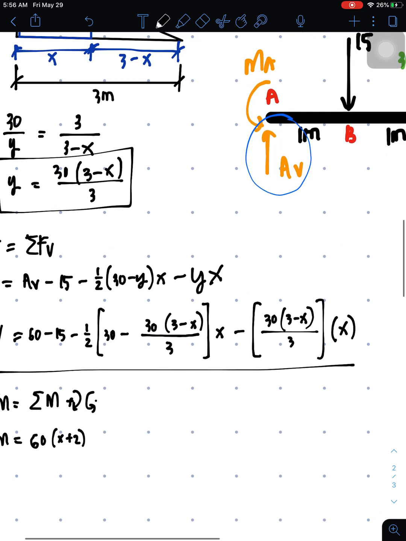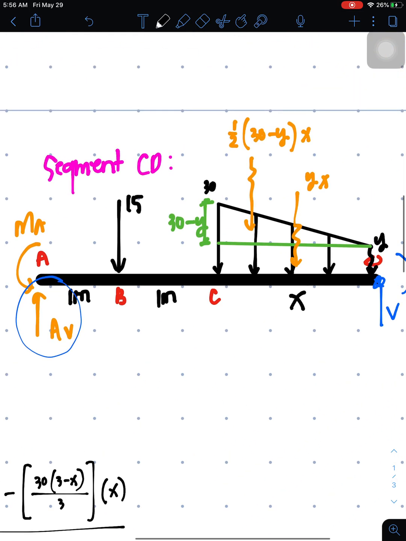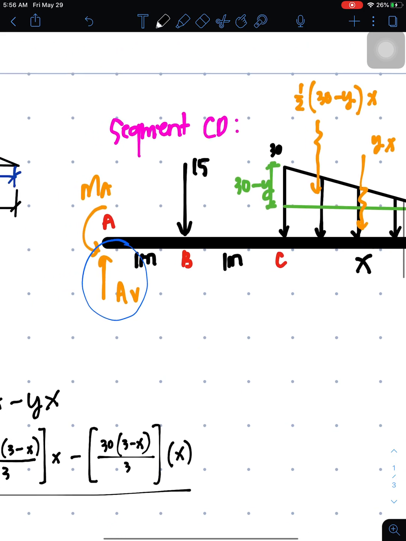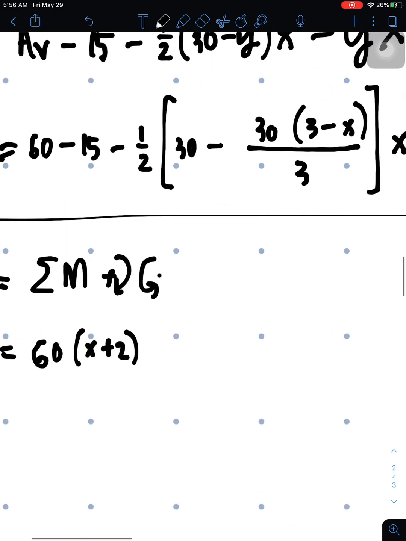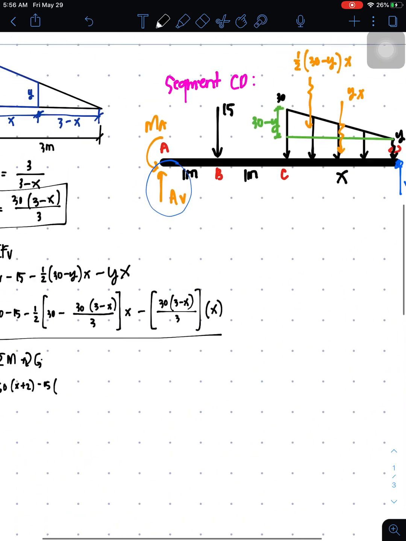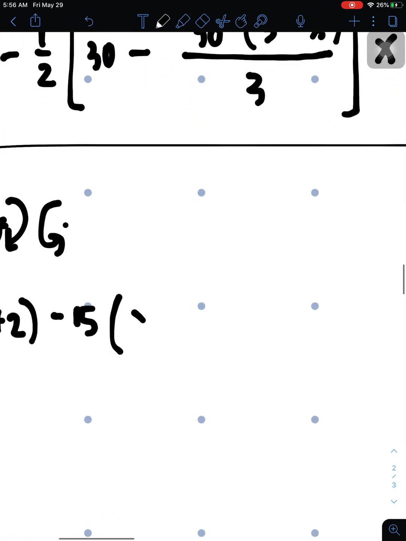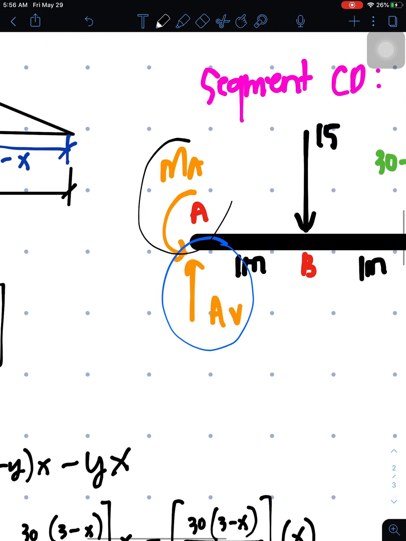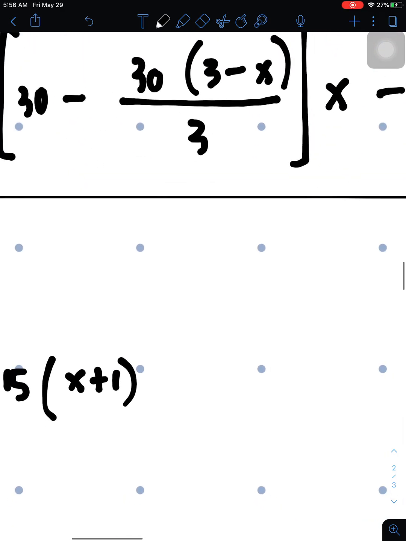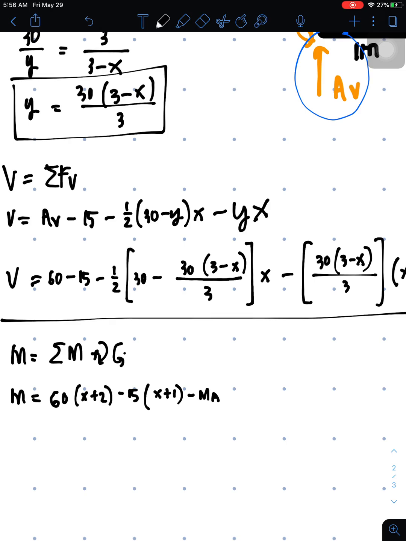Next, you have 15. So that's minus 15 times moment arm, x plus 1. And do not forget, naa pa kay kanang a value, MA. So it's negative MA.